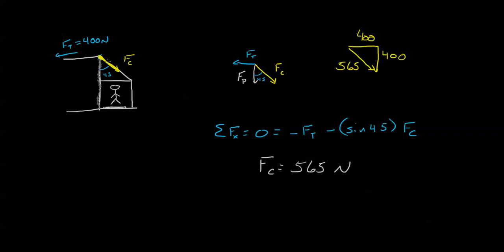But what's important to know is we figured this out around a point. We call this technique the method of joints, because what we're doing is we're looking at each joint, summing the force around that joint to 0, and then using our knowns to figure out our unknowns.